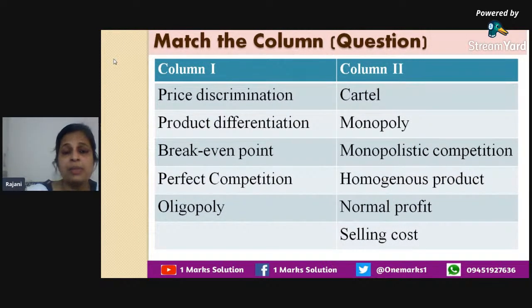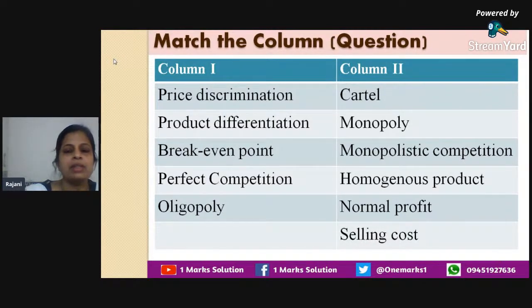Now match the column. Just see the option, price discrimination. A monopolist charges different prices as a strategy to attract customers, like price discrimination. Product differentiation is especially related to monopolistic competition. Break-even point means normal profit point, known as the break-even point.